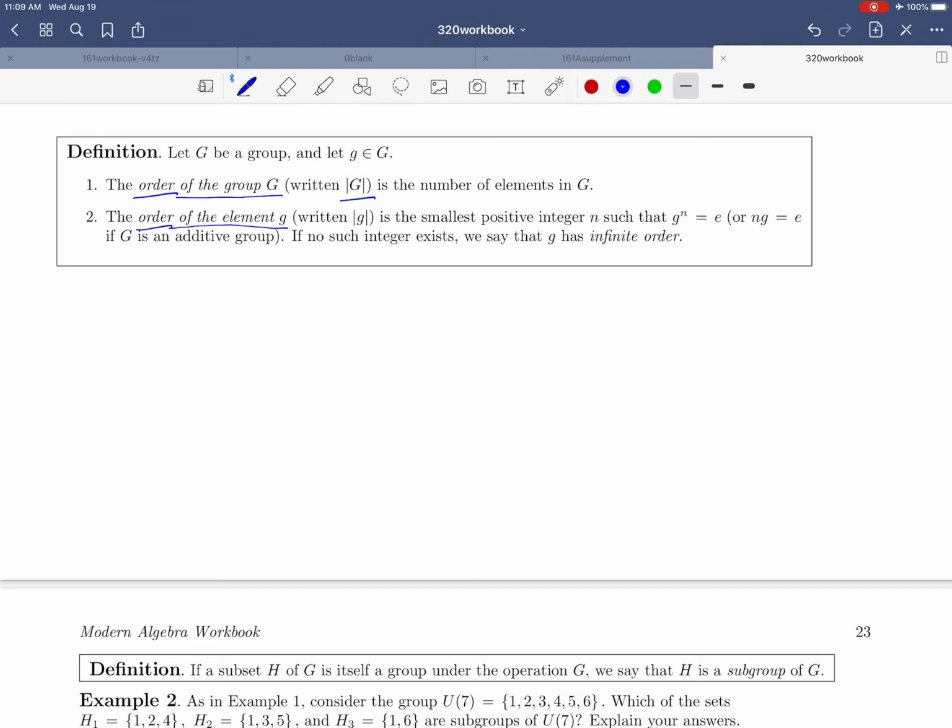But then we have the second idea, and that is the order of an element. That is written using similar notation of the absolute value, but now this g is just a group element, and that is the smallest positive integer n that we can raise g to get the identity.